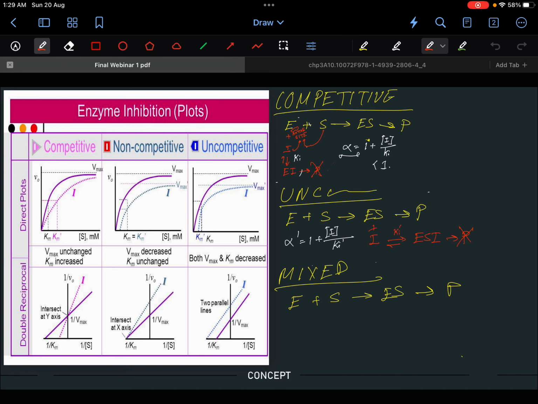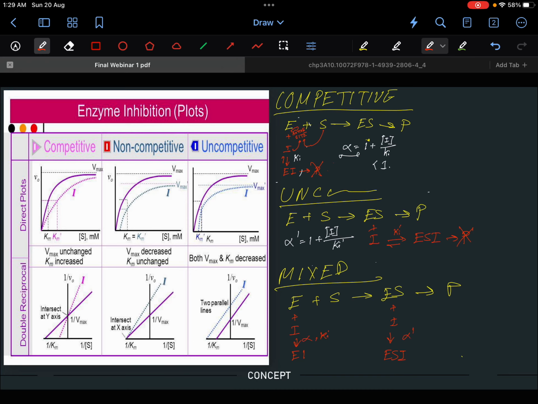Since it is mixed, it can bind to the enzyme and form a non-functional enzyme-inhibitor complex, or it can bind with the enzyme-substrate complex and form the ESI, that is the enzyme-substrate-inhibitor complex, and it will not form any product. So for this reaction it will be alpha and it will be Ki.